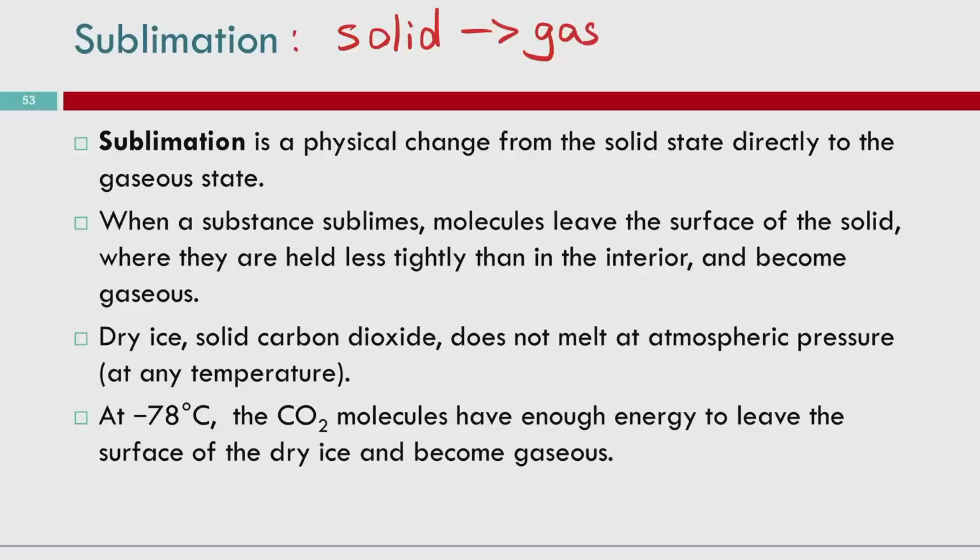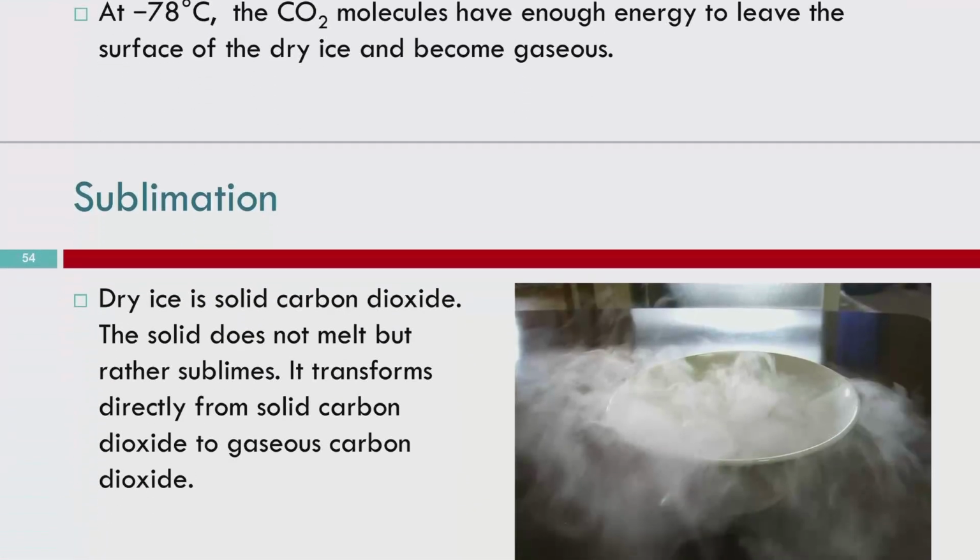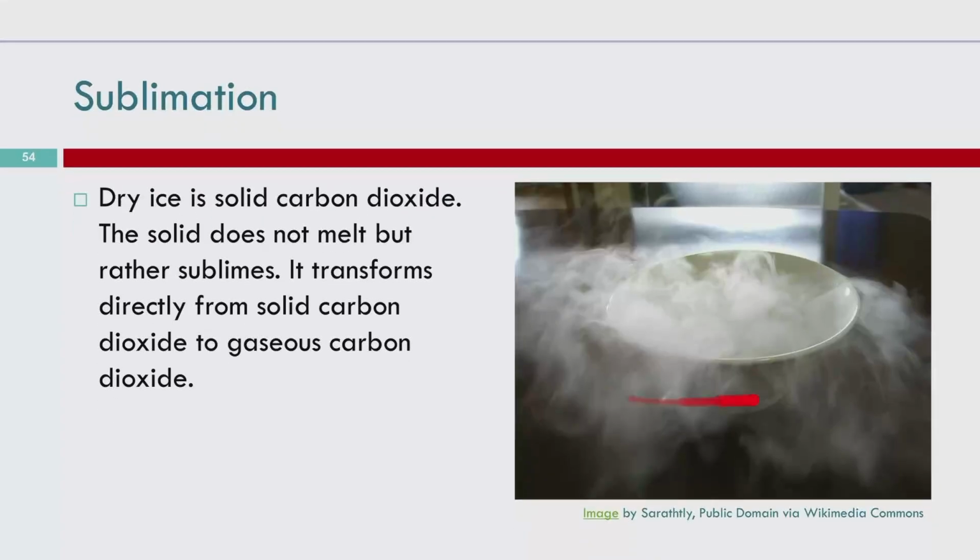And what this looks like, if you put a piece of dry ice into water, is you get vigorous bubbling. It's absorbing tons of energy from the water. It bubbles very vigorously, and then eventually there's enough frozen water ice on the outside of it that it stops doing that quite as much. And here's a picture of somebody that put some dry ice into a bowl.